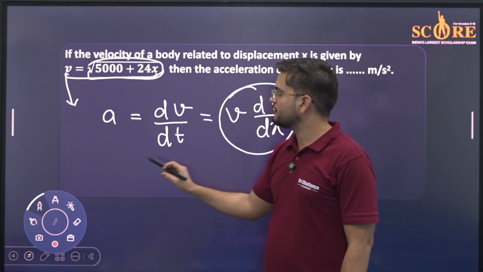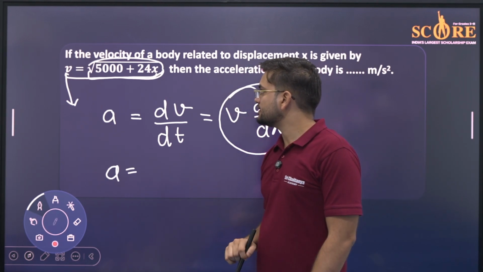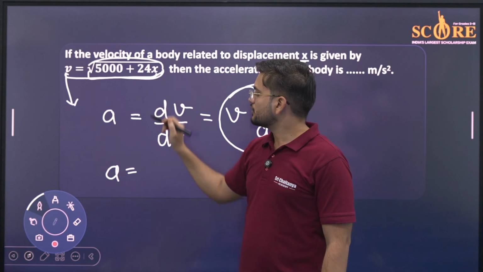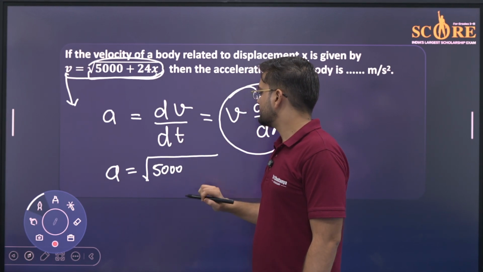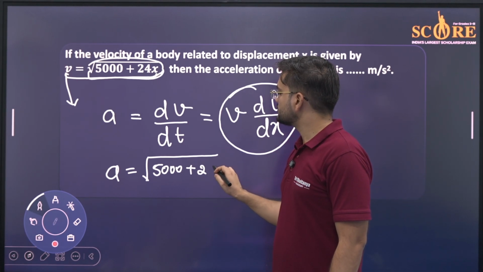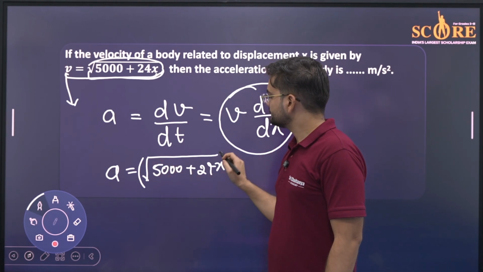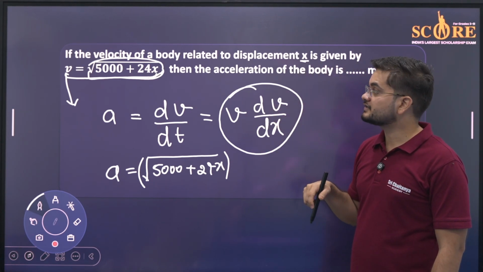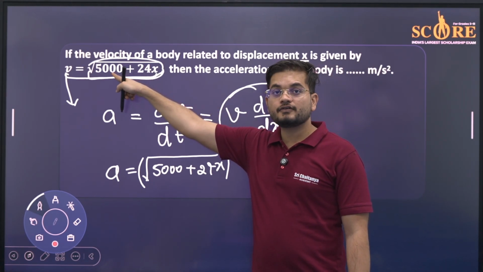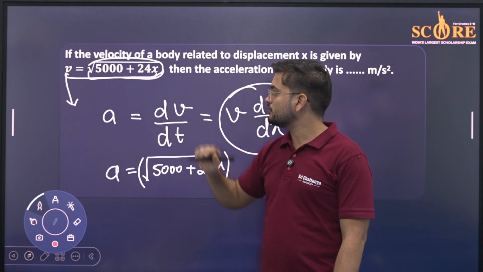So if we use this formula for acceleration, for v we should write under root 5000 plus 24x, and dv by dx, differentiation of velocity with respect to x.